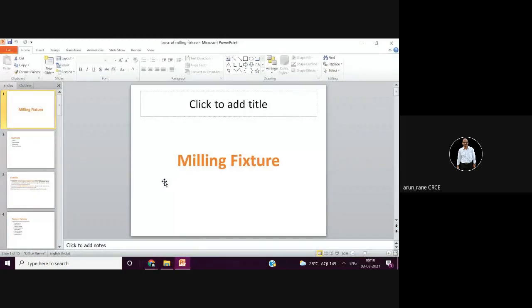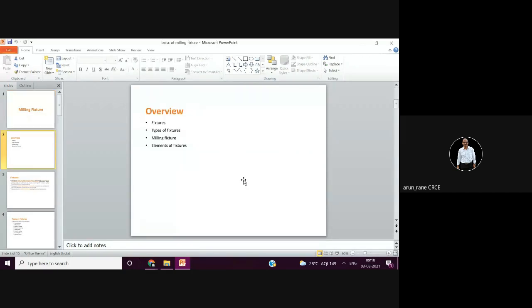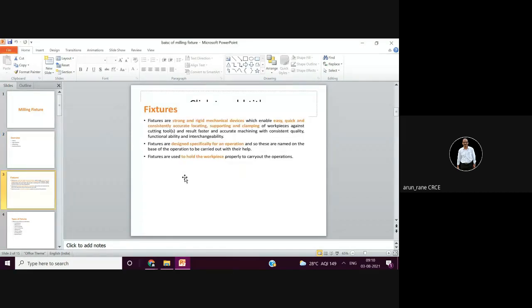So let us study now milling fixture, some basics. How do you define fixtures?